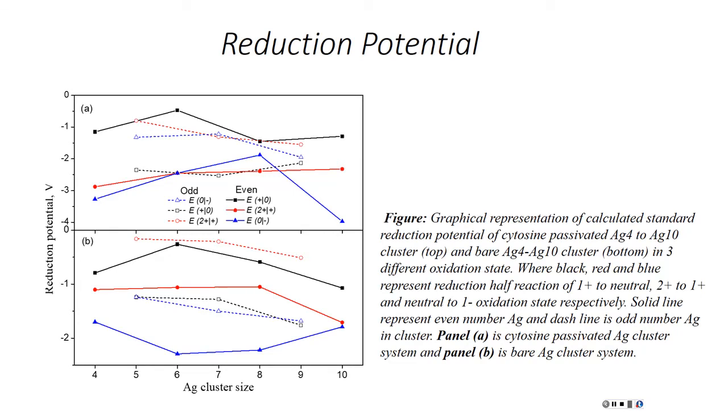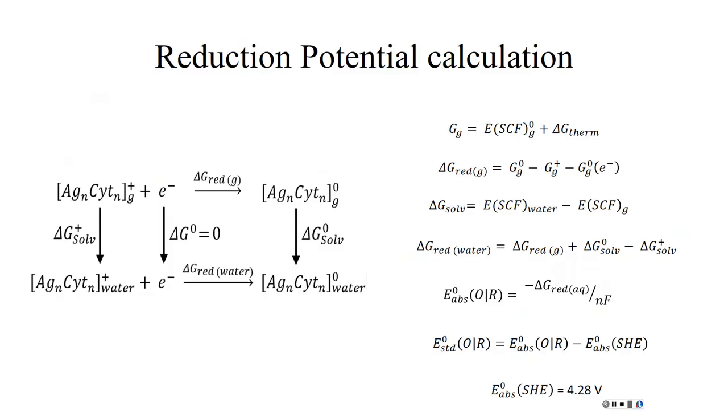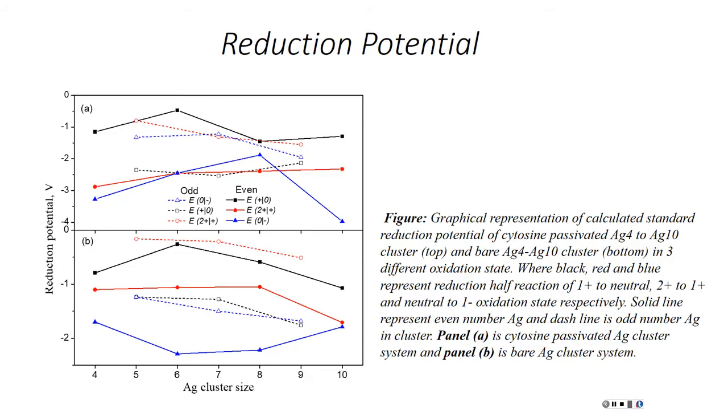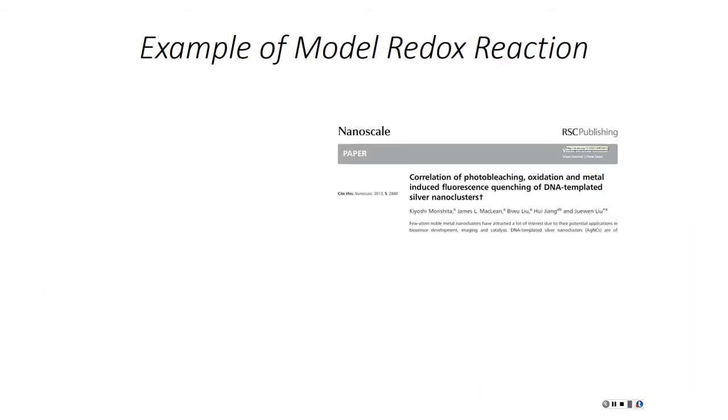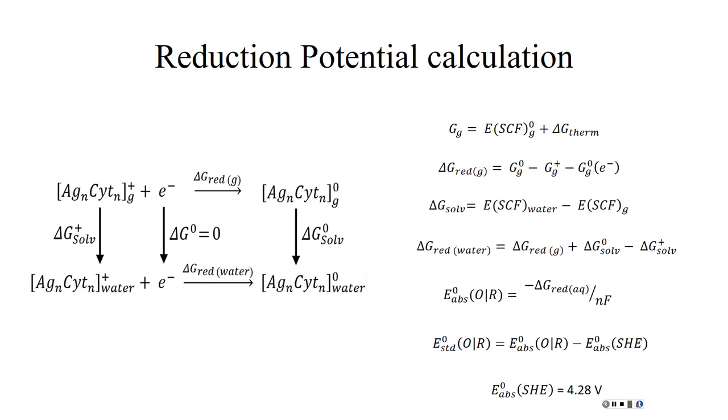Maybe you can write it on the whiteboard, or maybe you have these equations. I have questions on the paper. So this reduction is the +1 taking on one electron going to the neutral case.